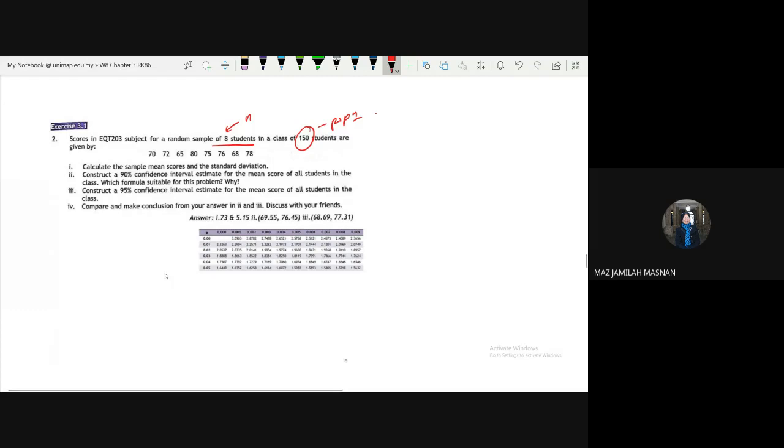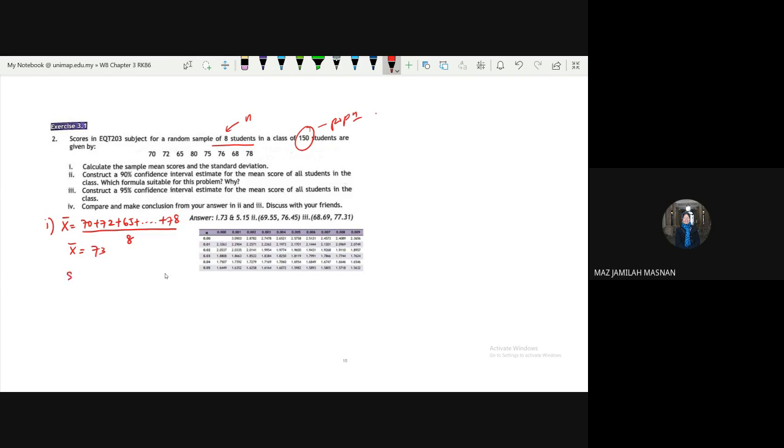If you are looking for the mean, x bar would be 70 plus 72 plus 65 plus until plus 78. Divide by how many? 8. So you will get your x bar equal to 73. What about standard deviation?